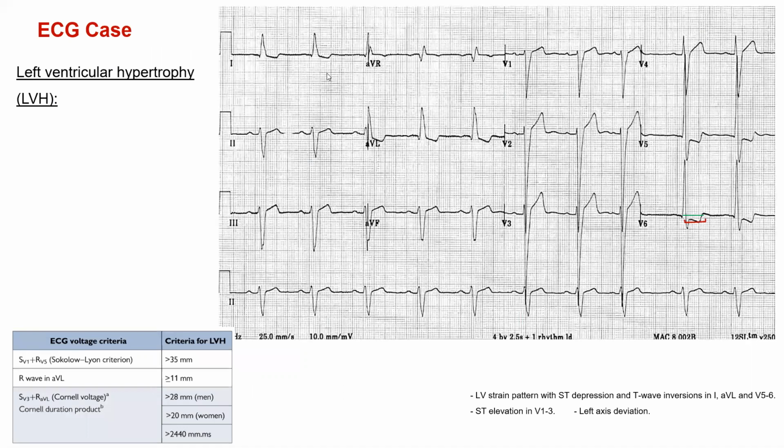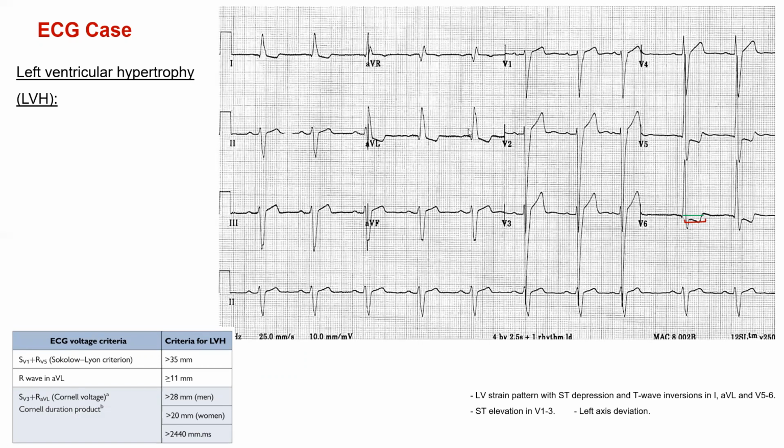This is a clinical case. This male patient has left ventricular hypertrophy signs. He has a history of high blood pressure, and we can see a left strain pattern with ST segment depression and T wave inversion in the first standard lead, in the aVL lead, and also in left chest leads V5 and V6.